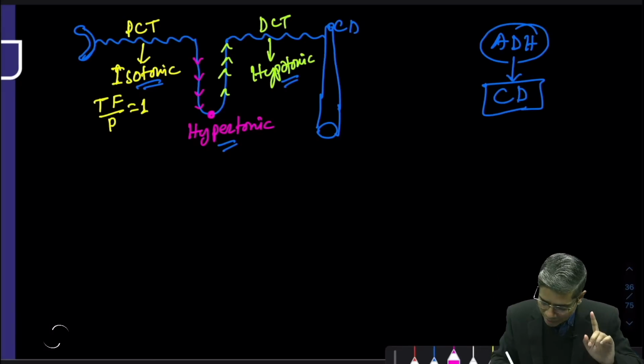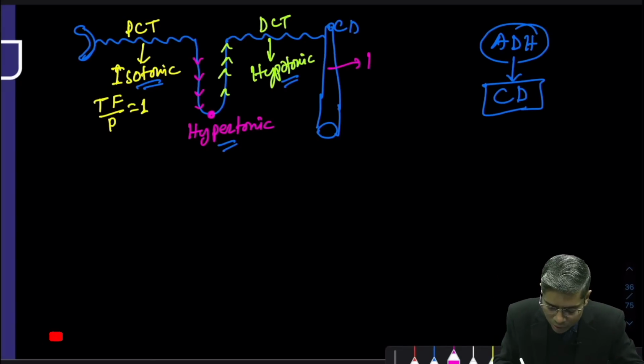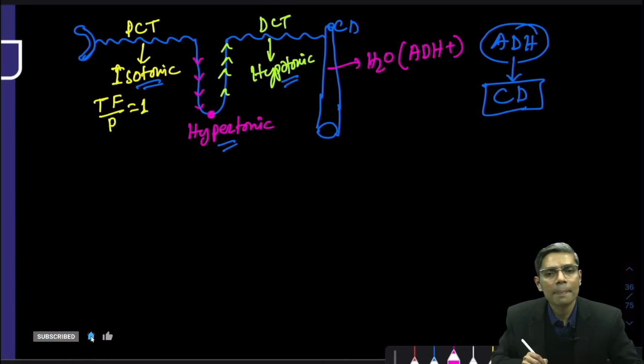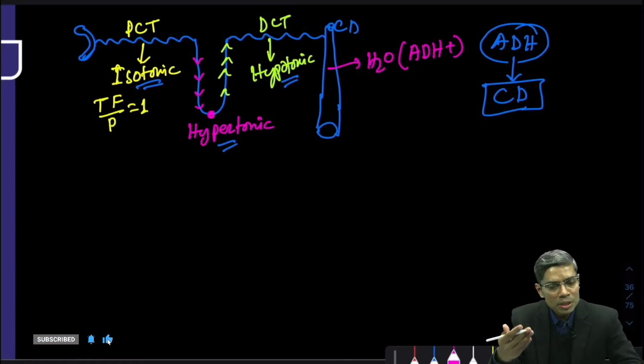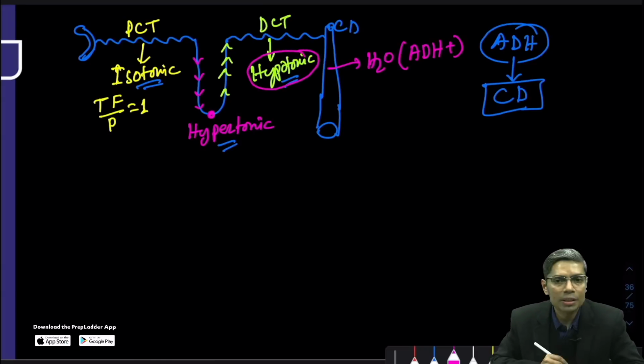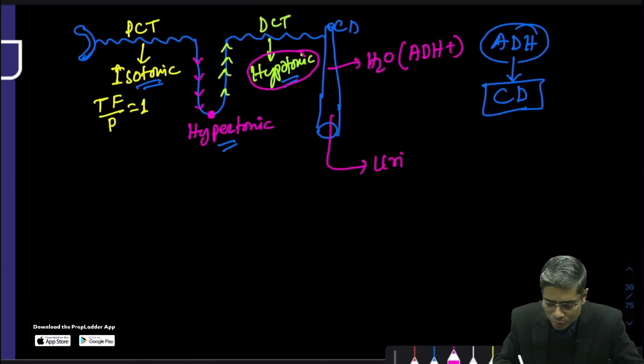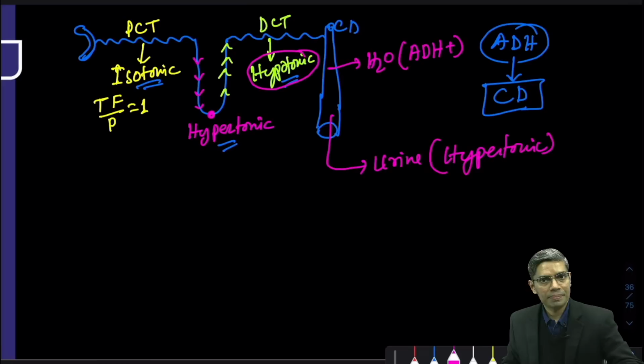But if the ADH is present, then it is going to reabsorb a huge amount of water. So, if it is reabsorbing water from a hypotonic solution which is flowing through the collecting duct, ultimately the urine which is going to release from here will be hypertonic again, right?